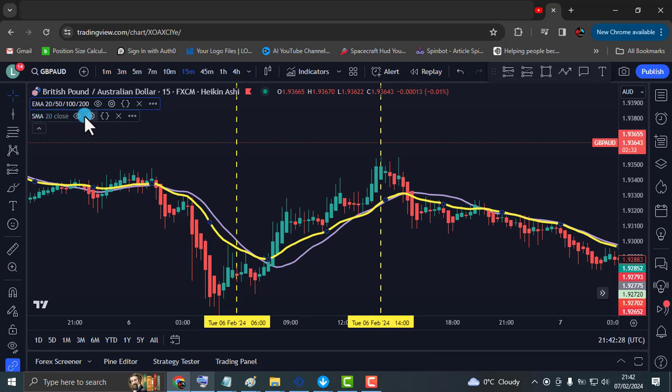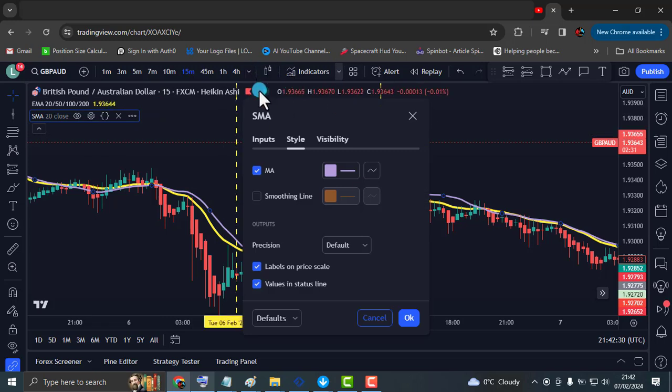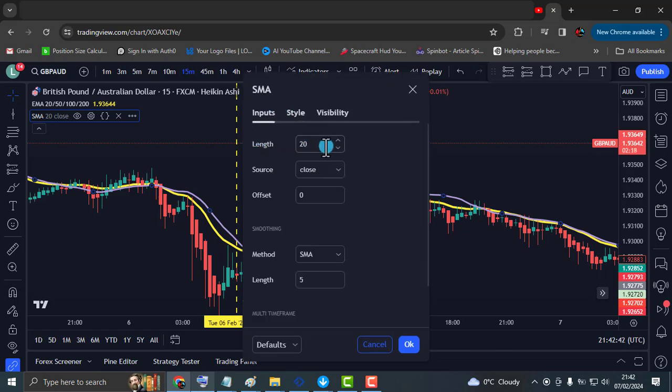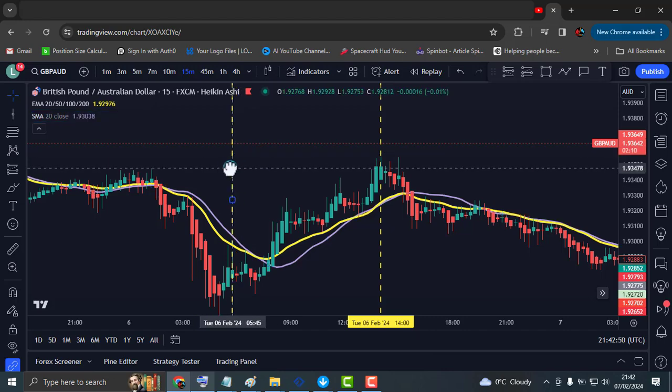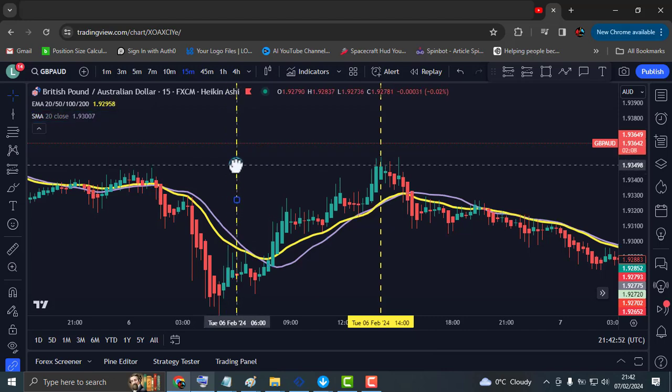So that's EMA. And then we have the simple moving average, which you can also find for free on the indicator tab. You go and search SMA, and it brings up this one, where you can define the length you want, so you can do 20, 50, 100 or whatever.